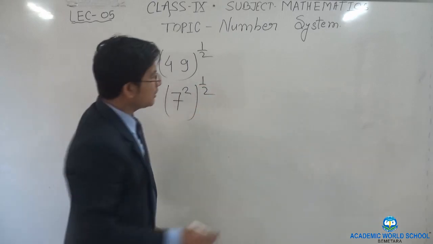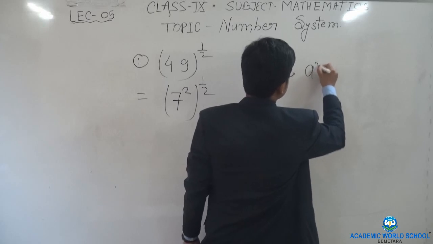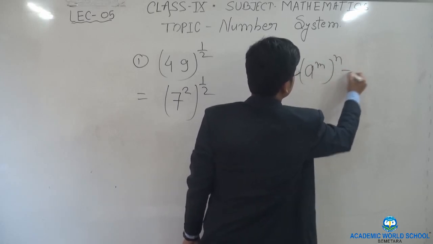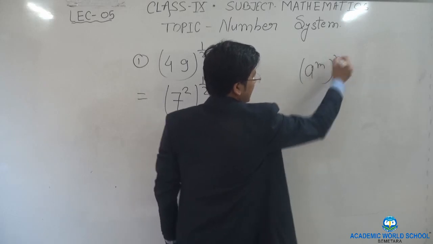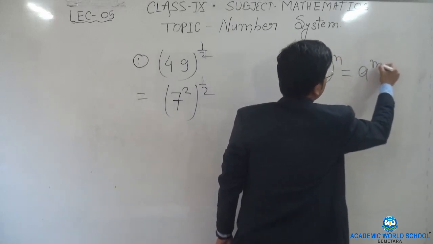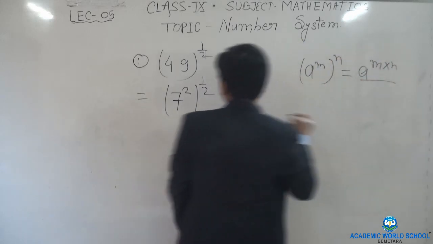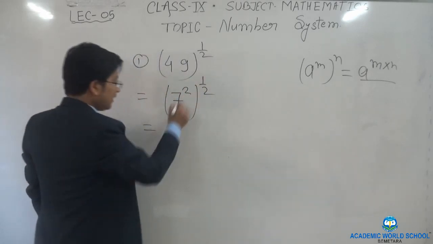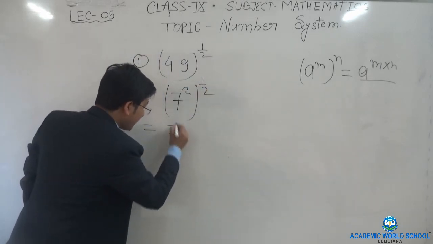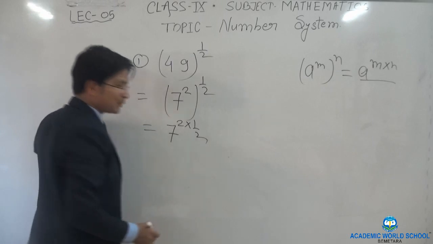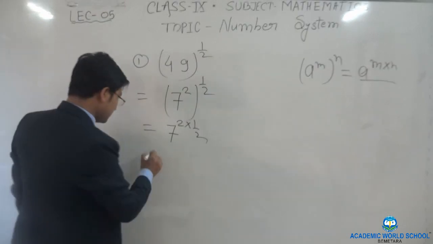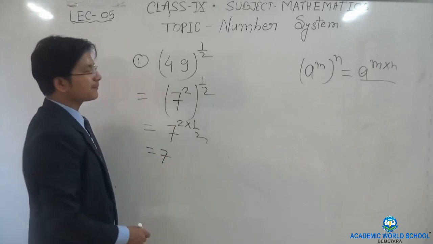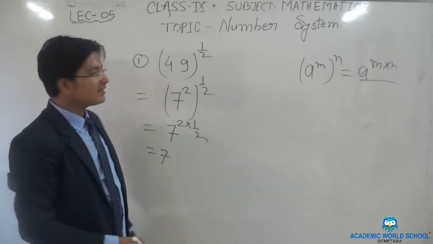What I have told you, dear students, is that if a to the power m and whole to the power n, the powers get multiplied. So here also the powers will be multiplied. So this is 7 to the power 2 into 1 upon 2. And 2 into 1 upon 2 is equal to 1. So the answer is 7.